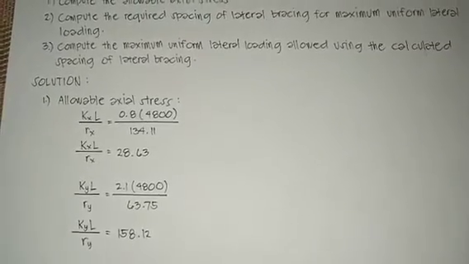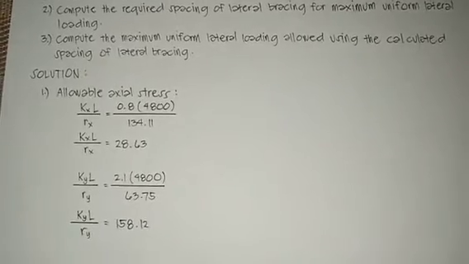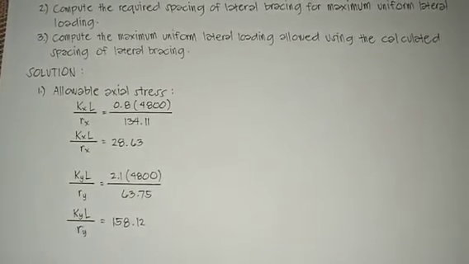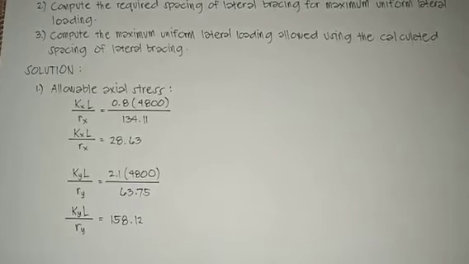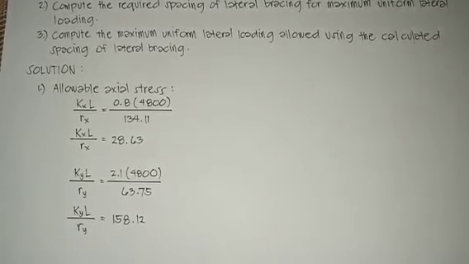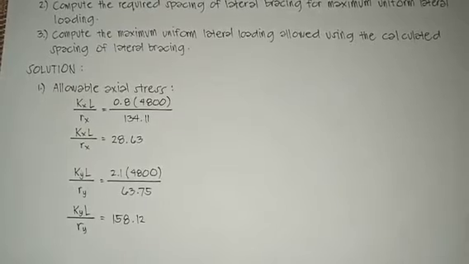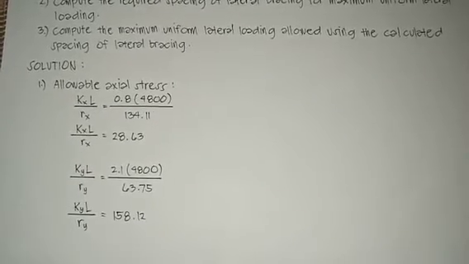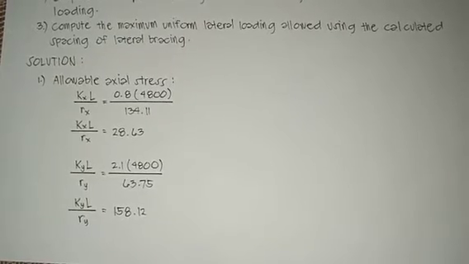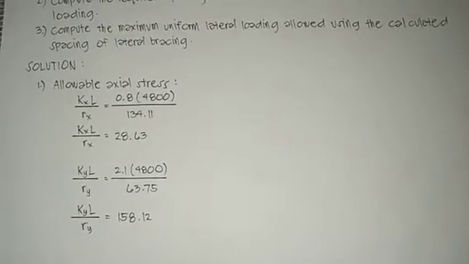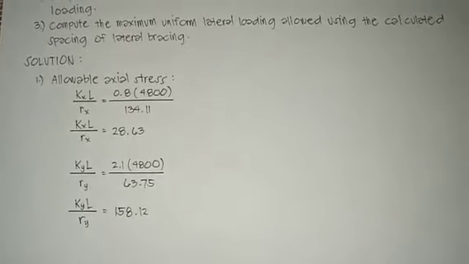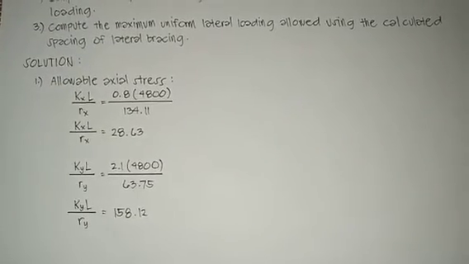Then, KyL over Ry: Ky is equal to 2.1 times 4,800 over 63.75 is equal to 158.12. So, the KL over R that we will use is 158.12 because it is the larger.